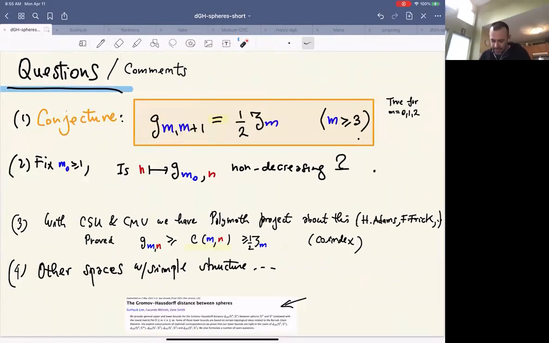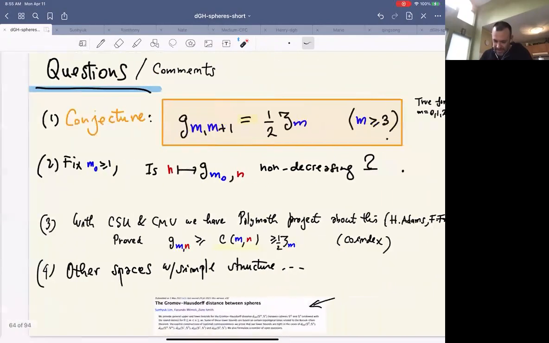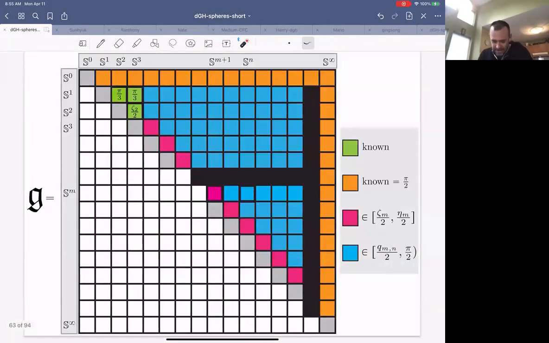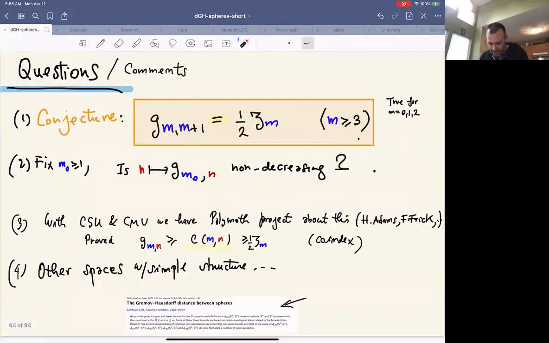There are some other auxiliary, or smaller, questions that we wrote into this preprint. For example, here's one I don't know how to answer: is it true that if I fix an M, then the values monotonically increase from left to right? That seems like it should be true, but we don't have an understanding of that yet.